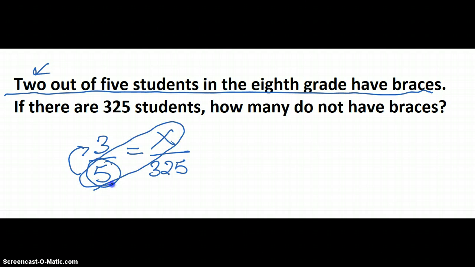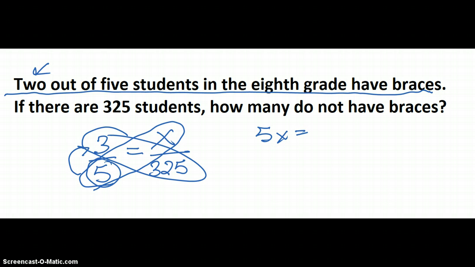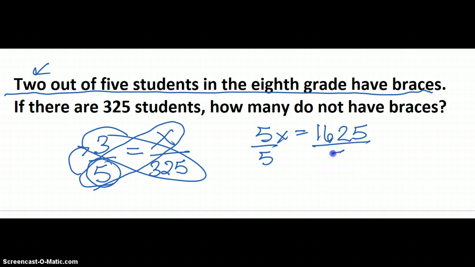There's our proportion. We get that 5x equals 1625. 5 divided by 5, x equals 300. Oh, that's impossible. What did I do there?